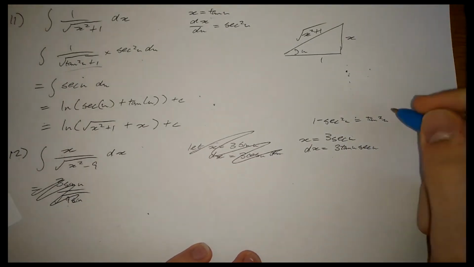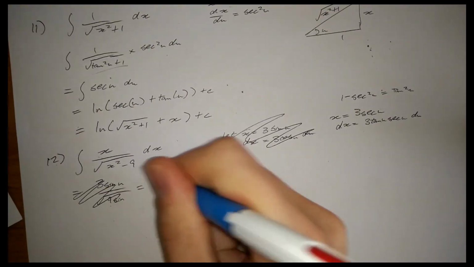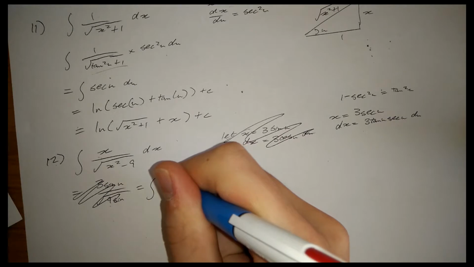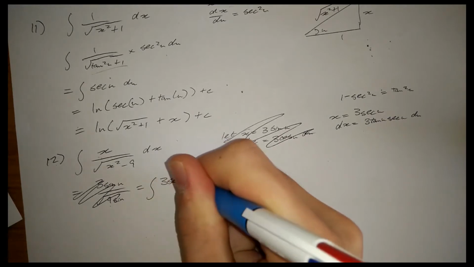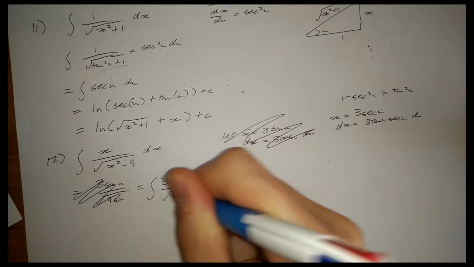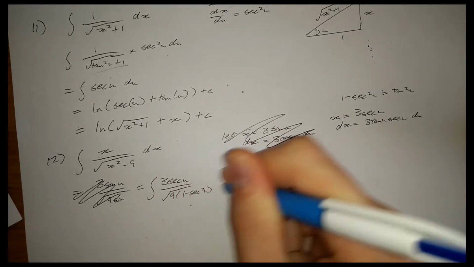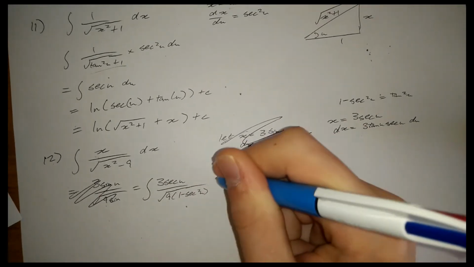Via a formula sheet that you may have. And then we go to the integral of 3 sec u tan u over the square root of 9 sec squared u minus 9.